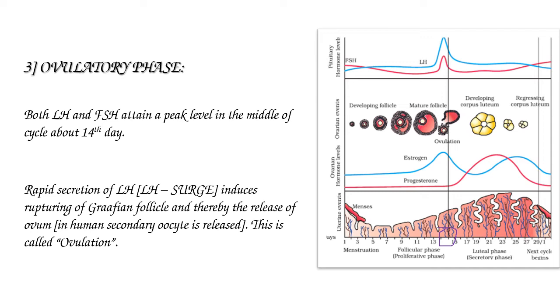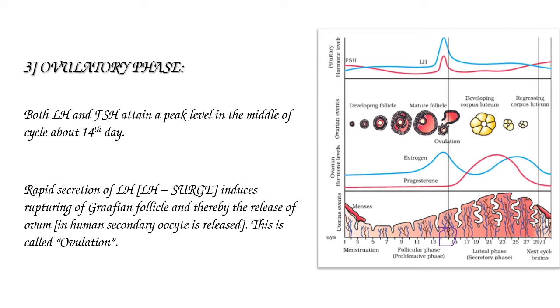This LH surge, that means peak levels of luteinizing hormone, initiates the rupturing of the ovarian follicle, the Graafian follicle, to release the secondary oocyte, not an ovum, in humans.